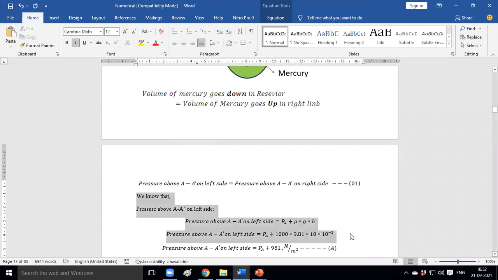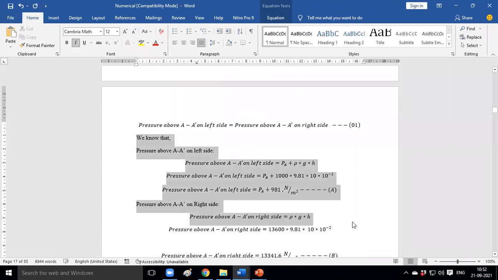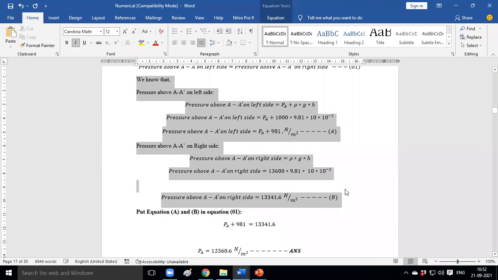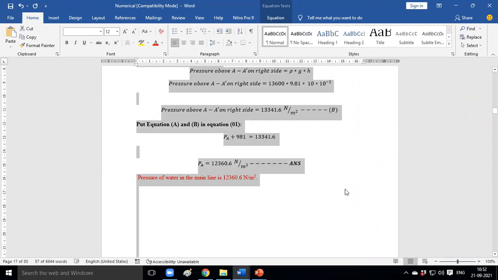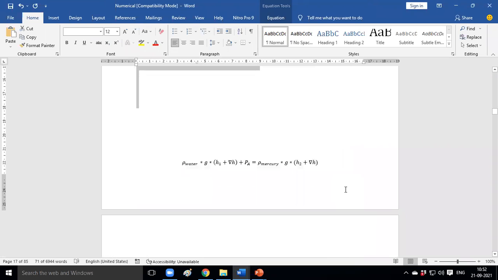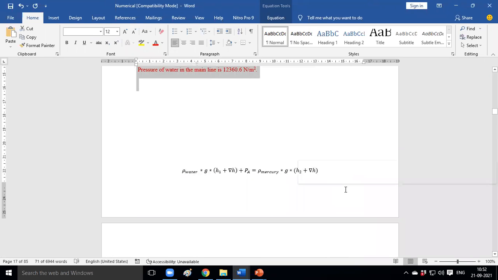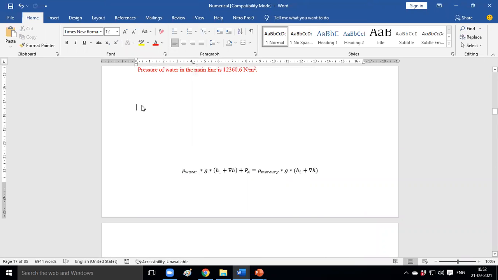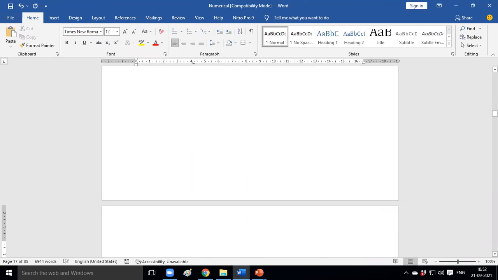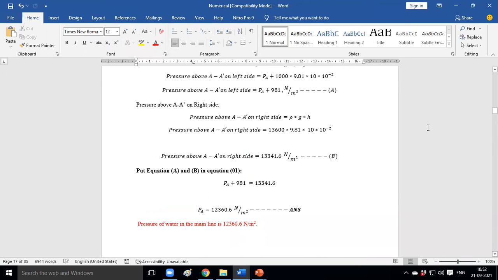See, is it visible? Yes, sir. The steps are very similar. We just need to change the datum line. Instead of A dash, we need to mention BB dash.